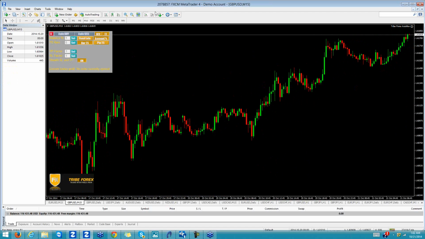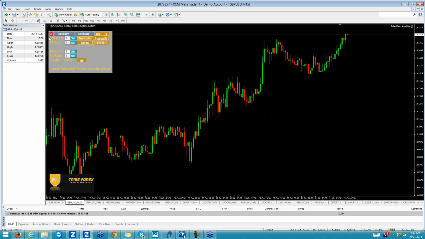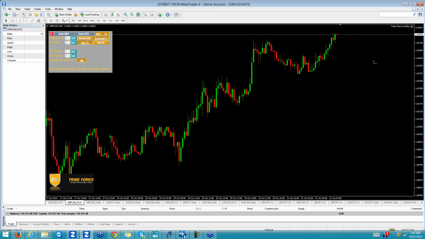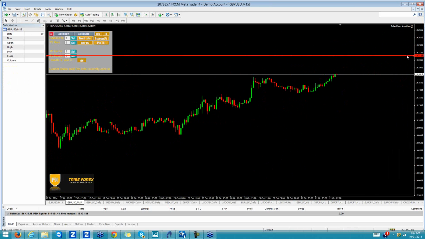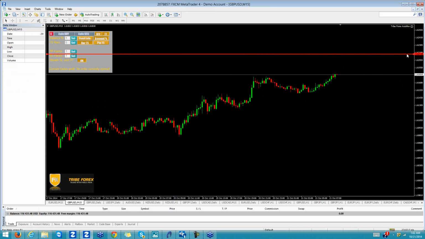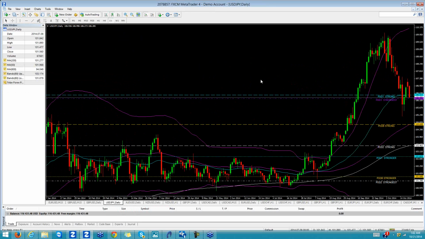I just simply put it on, and this is how easy and how quickly we can set up our trades. I'm going to put that at 162.15, which is at the top here. Hit an auto sell. That's the pound dollar.